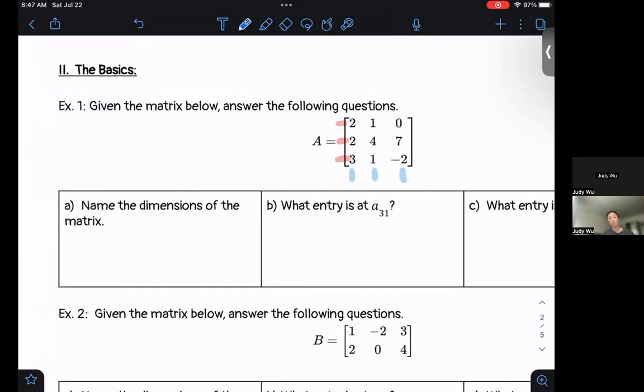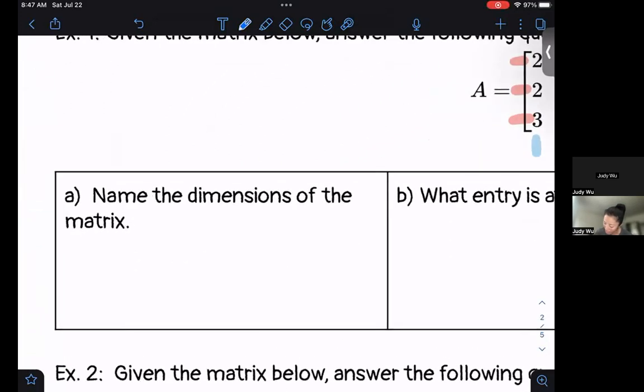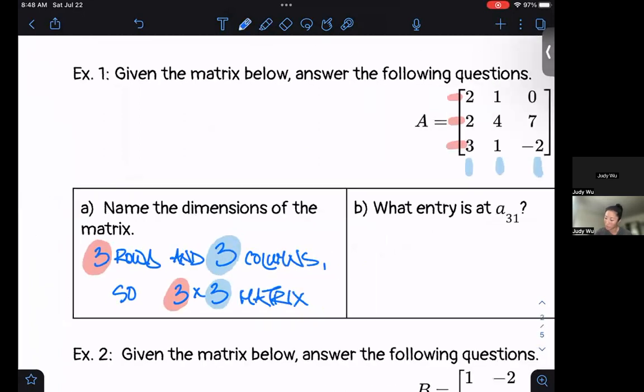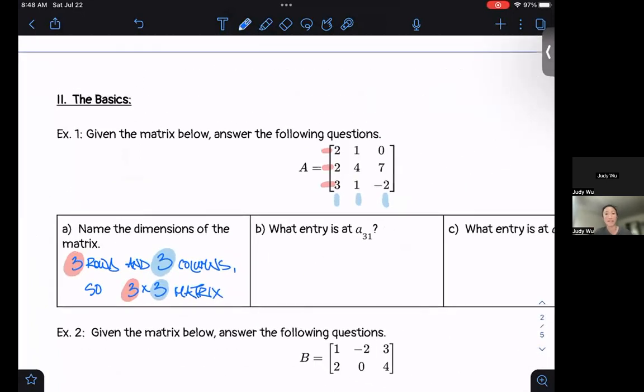So if someone were to walk up to you on the street and say, name the dimensions of this matrix, you would say that it has 3 rows and 3 columns. So it is a 3 by 3 matrix. Okay. And again, the 3 for the columns is the second number, and the first 3 is actually the rows. So you would say, oh, my friend, this is a 3 by 3 matrix.